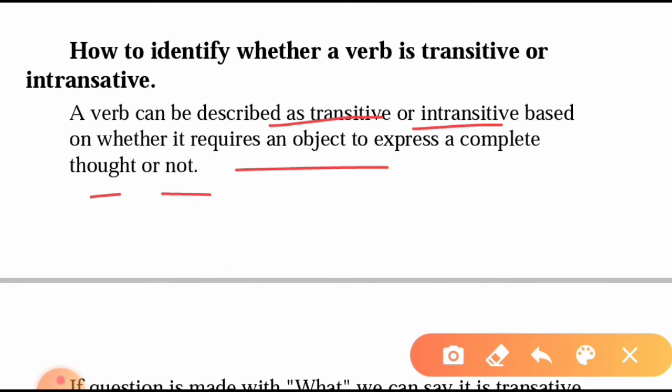This is what we have already discussed: a verb which requires an object in a sentence to express a complete thought is called transitive, and a verb which does not require any object to express a complete thought, or which makes a complete thought without any object, you can call an intransitive verb.